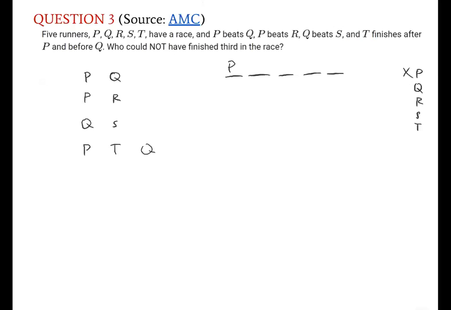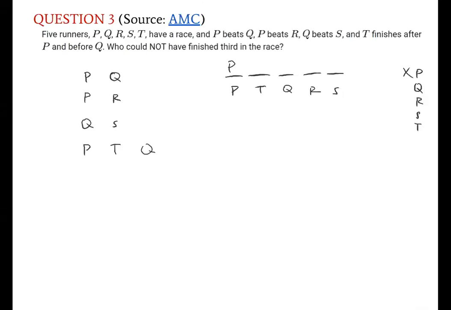So now let's just see if Q can be third. And so we know Q has to be behind T and P, so we can do P, T, Q, and then R and then S. So this case satisfies all 4 of these, and as we can see, Q can be third.